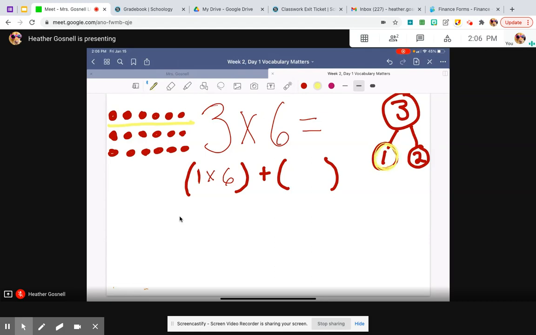I just placed it over here. Look at that. What hasn't changed from my original problem? The 6, absolutely. The 6 has not changed from my original problem. Why is that? Well, the rule of distributive property states you can only break down one of those factors. Since I chose 3 to break down, that 6 stays.